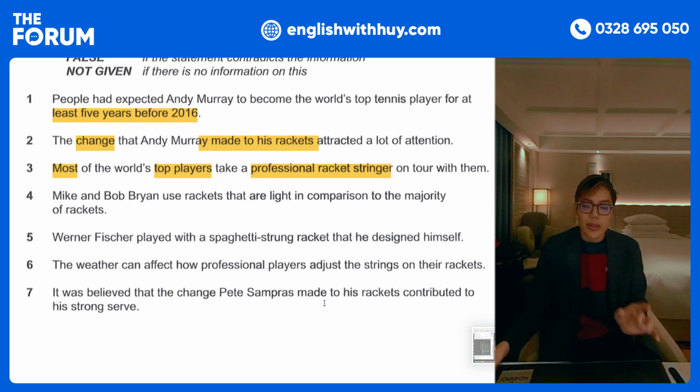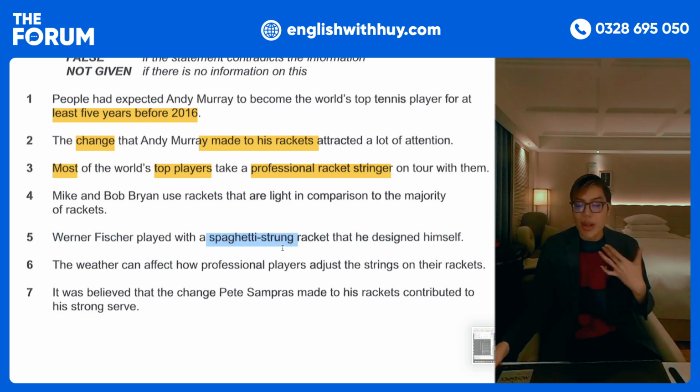For the fifth one, very easy to go through. Warner Fisher played with a spaghetti strung racket that he designed himself. So basically it is about who was the designer of the racket of a specific player. So the name of the player must be in the essay. The spaghetti strung racket must also be in the essay.